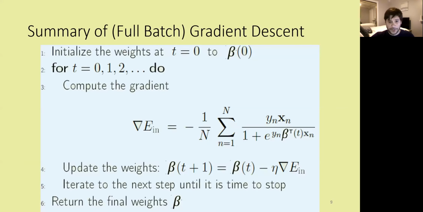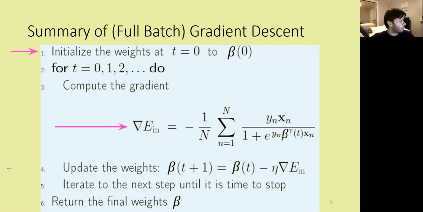The first step in the process is to initialize the weights. Then for every iteration, we compute our gradient. This is the actual form of the gradient. It's pretty ugly, but if you remember your derivative rules of logs and exponentials, you can figure out how it's written.